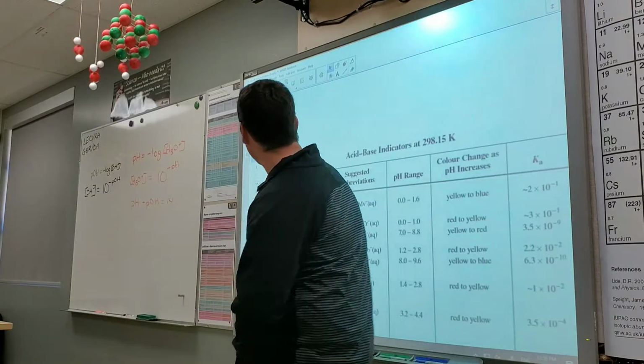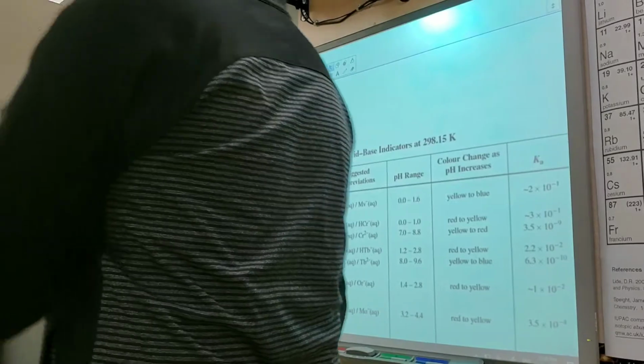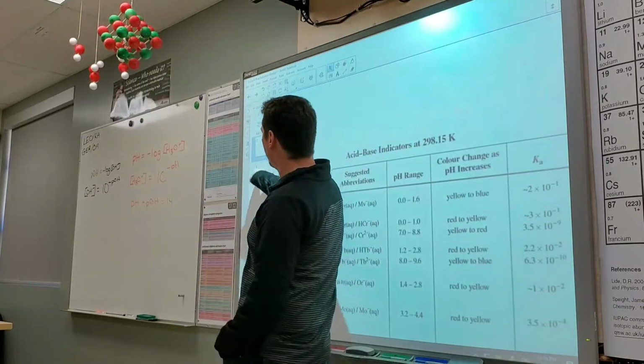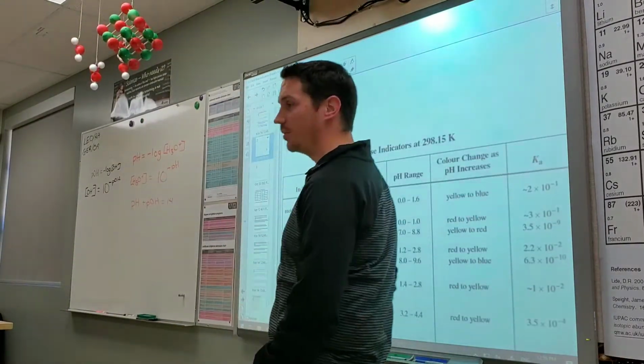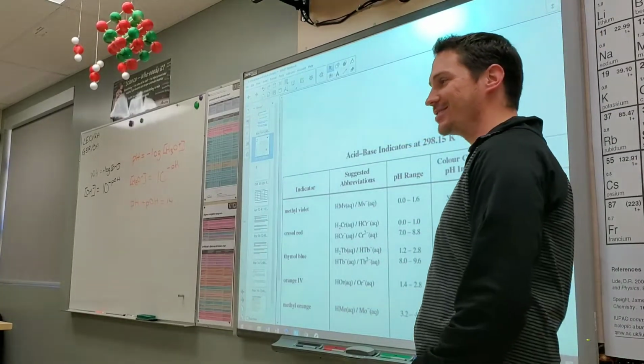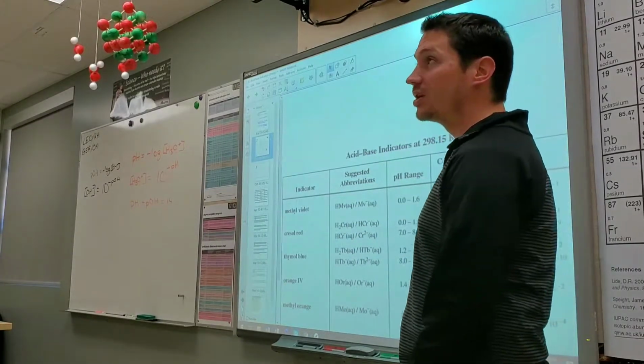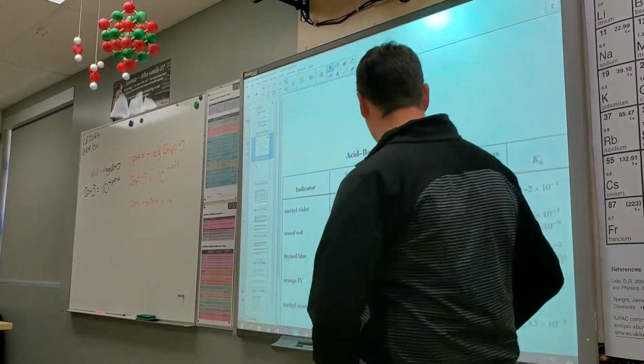What I want you to do is focus up on, I've got them split up. I kind of screwed up. Okay, so I've got the two halves of a certain table from your data booklet, but I split them up onto 2 different pages, so I apologize about that. This is on page 10 of your data booklet.